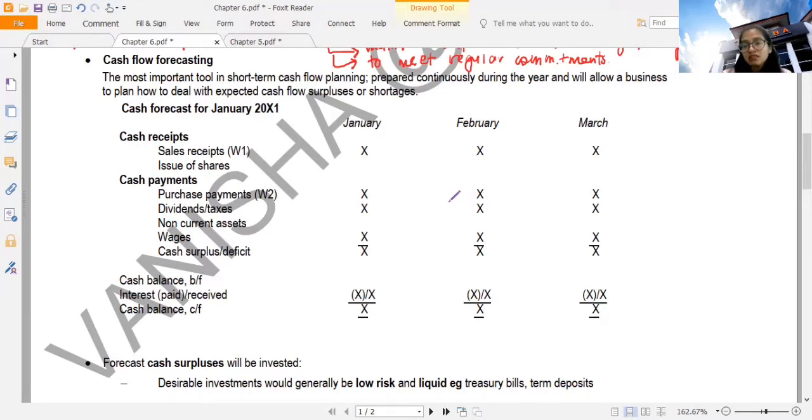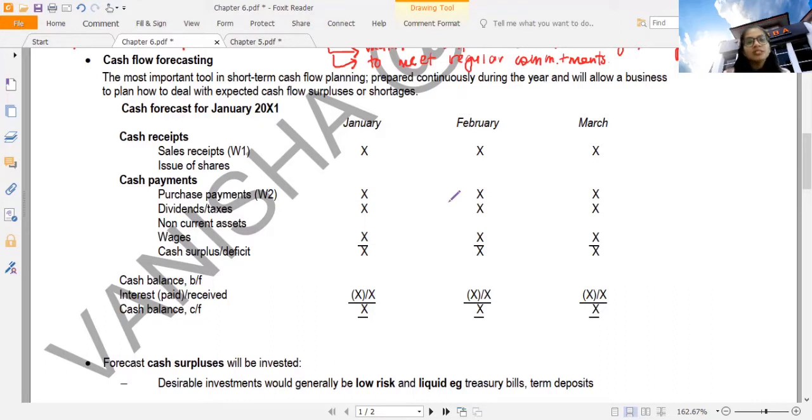So you would take that cash and invest it so that you would be able to earn a return, and it would help in a certain manner to increase the profitability of your company. You don't want any redundant assets in your organization. You want to ensure that the assets in your organization are able to generate a cash inflow for you.